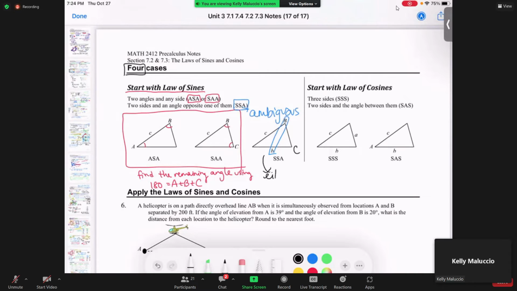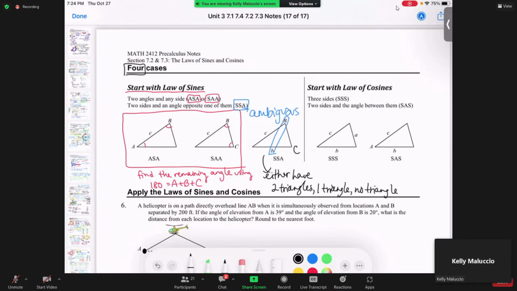You either have two triangles, one triangle that works out, or no triangles. To me, it's the worst one, but maybe it's the most fun one because you have to figure that out.